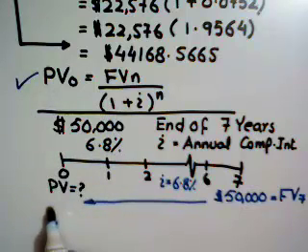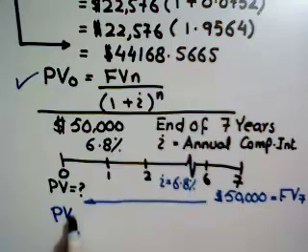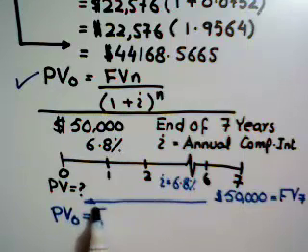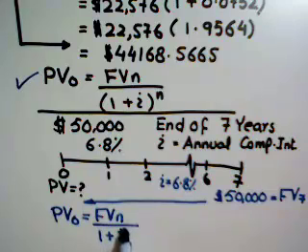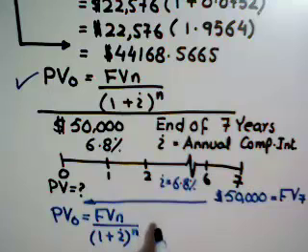Here the present value at time 0 is equal to the future value at the end of nth year, which is 7 in this problem, divided by 1 plus compound annual interest rate raised to the power n. So just put the values in this formula.